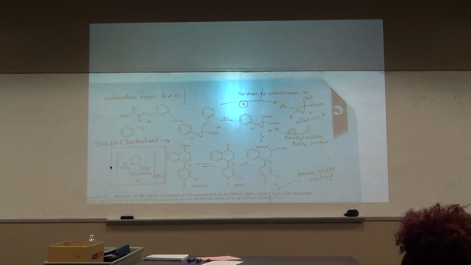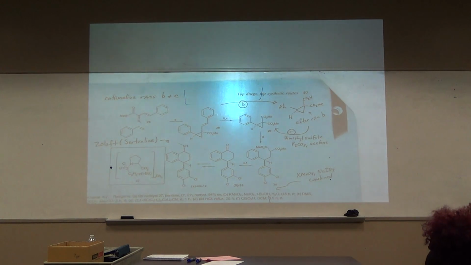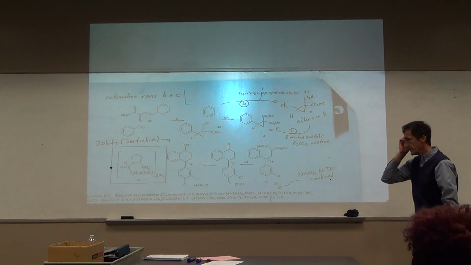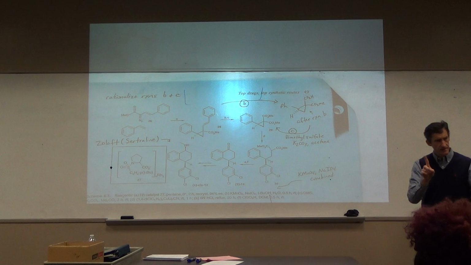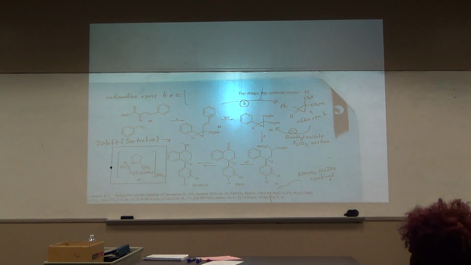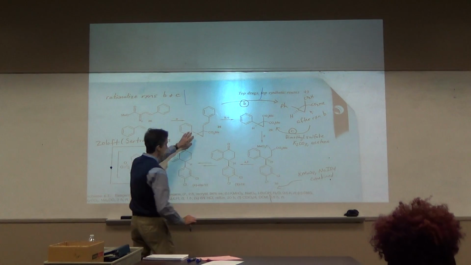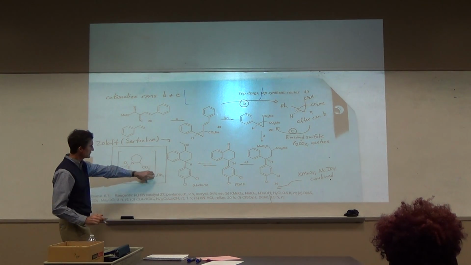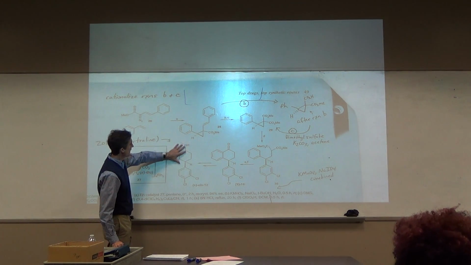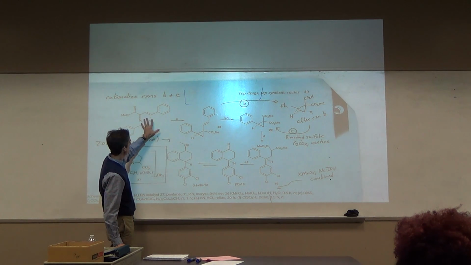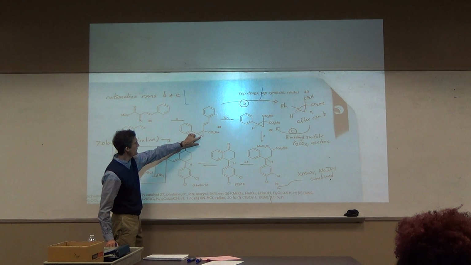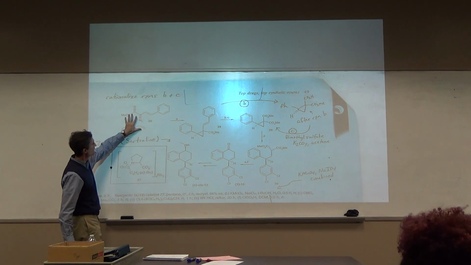Over here is a drug synthesis. It's not an ozonolysis, but remember we can do the same thing sort of stepwise. I think this is Zoloft. There's a synthesis here to make a cyclopropane. We don't know this chemistry.